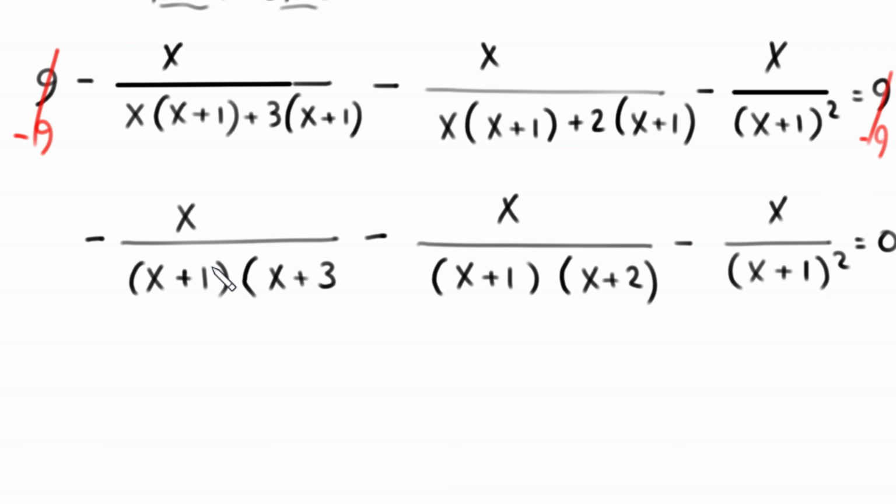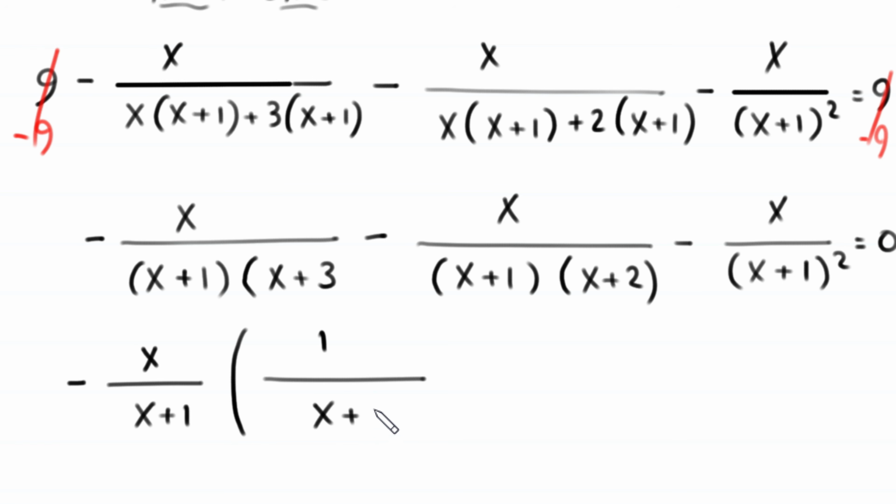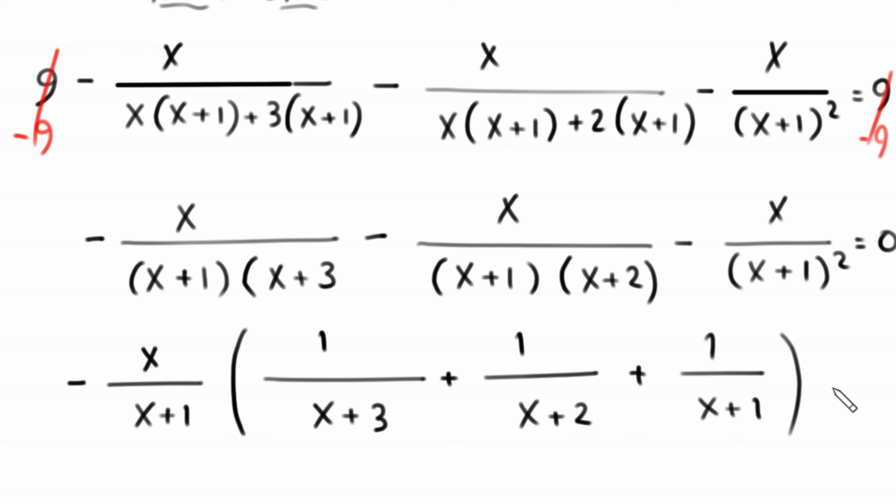Now we can factor out negative x over (x + 1) as a common factor, in brackets 1/(x + 3) + 1/(x + 2) + 1/(x + 1) equal to 0.